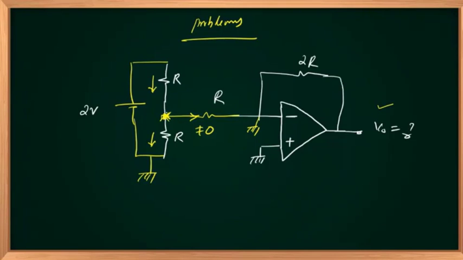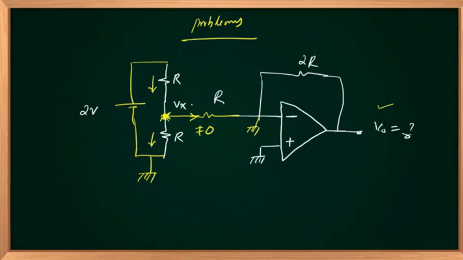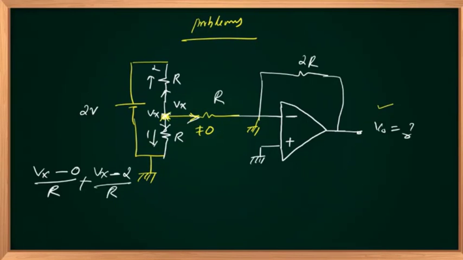If I call this node voltage Vx, I have 3 branch currents, all leaving the node: one going right, one up, and one down. The first current I1 is Vx minus 0 by R. The second branch is Vx minus 2 by R. You should not eliminate the third branch current.